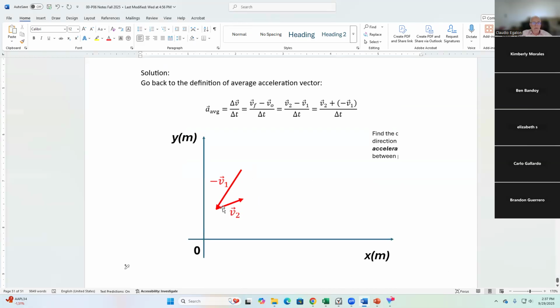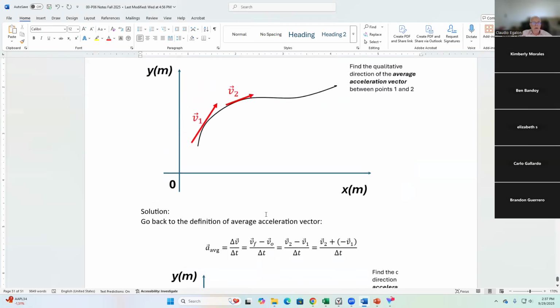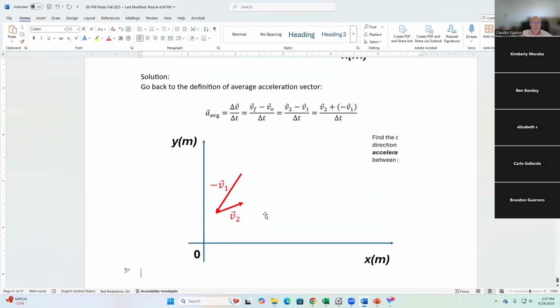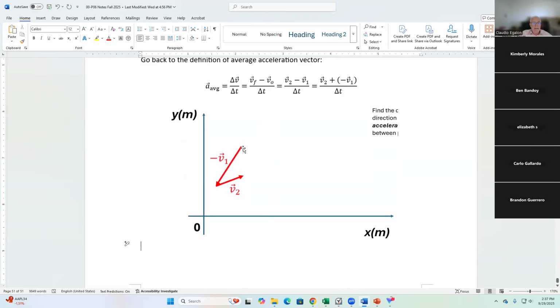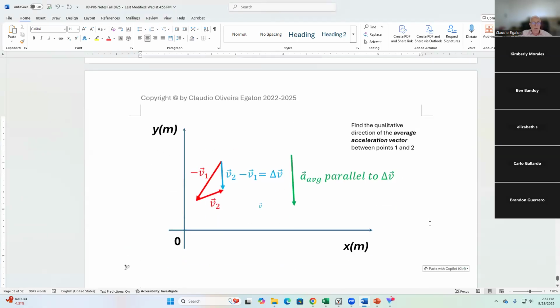V2 is in this direction, minus V1 is in the other direction, right? And then you connect the tail of the first one to the head of the second one, and you get the direction of the average acceleration vector between those two points, like that. Here's delta V, here's the average acceleration vector. Okay.